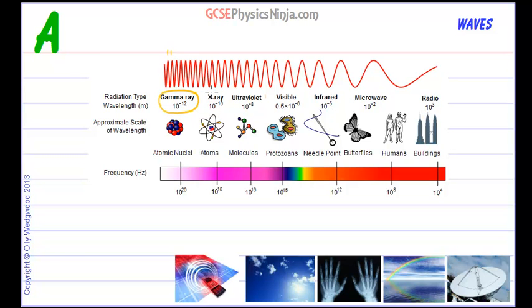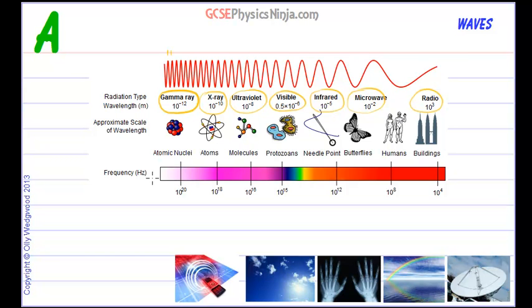Then we move on to X-rays, ultraviolet, visible light, infrared, microwave, and finally radio wave. Now, there's no sudden cut-off point from one to the other. They are continuous. They mold into one another. So these are just approximate names for these lengths of wave, these wavelengths.